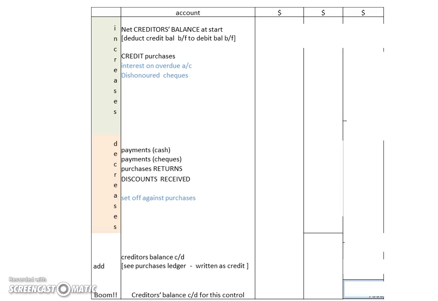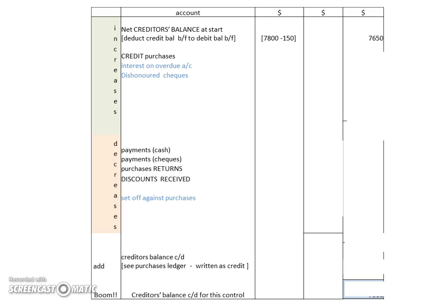Alright, so let's start off first by finding the net creditors balance at the beginning. So we know that the creditor figure was $7,800 and the debtor figure was $150, so I subtract to get a net figure of $7,650. Now this figure is positive because I'm starting with the side with increases.